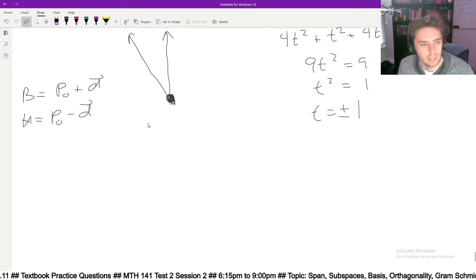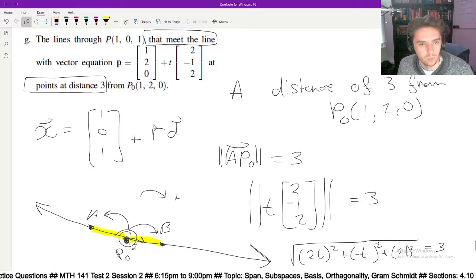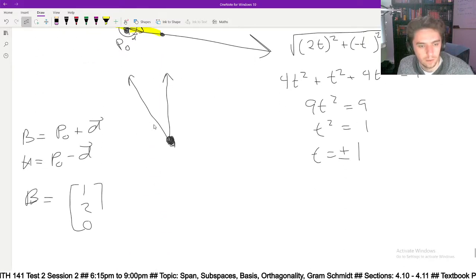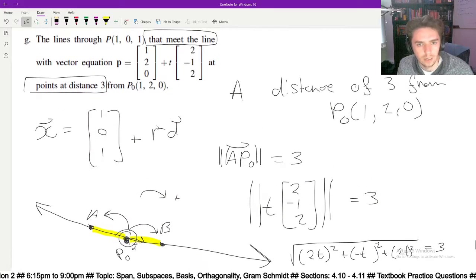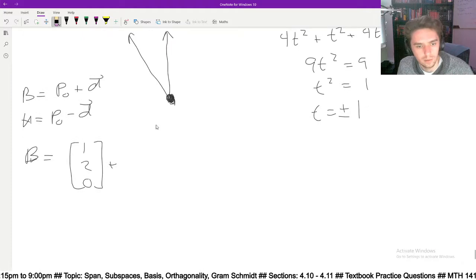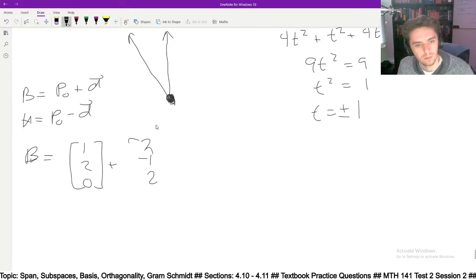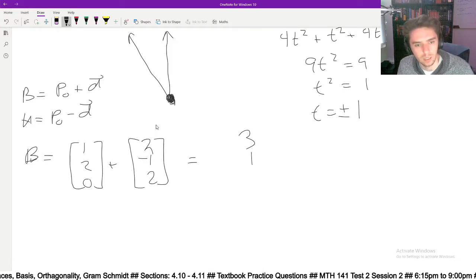Okay, and so then for B, we know these variables. P naught is 1, 2, 0, plus, well, I'll write the direction vector. Direction vector was 2, negative 1, 2. So that's 3, 1, 2.